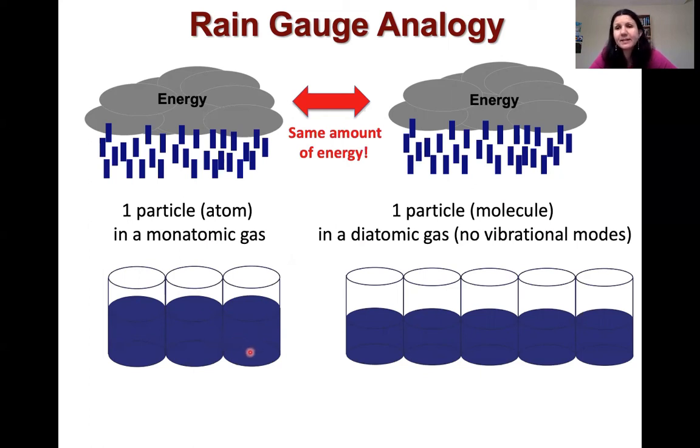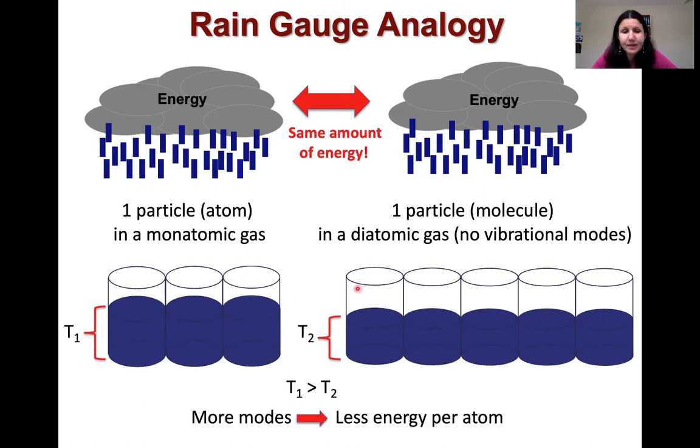More water per bucket translates to our physical system to more temperature, because remember, in this analogy, the amount of water in each bucket is proportional to temperature. So this shows that our monatomic gas will have a bigger change in temperature. So more modes, less energy per atom.